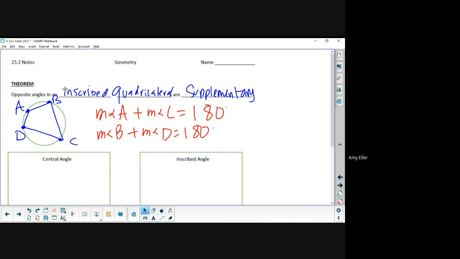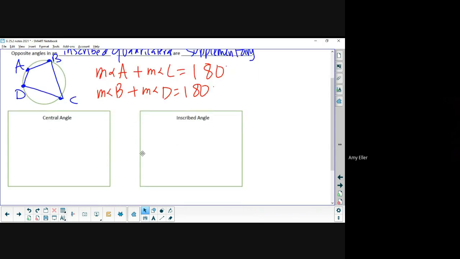In the next box, I would like you to draw a circle, picking up most of the box. And I want you to draw a central angle. If you forget what a central angle is, flip to yesterday's notes. It's the very first thing that we drew or wrote.